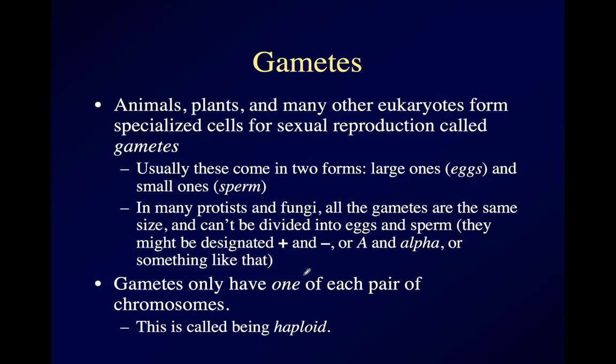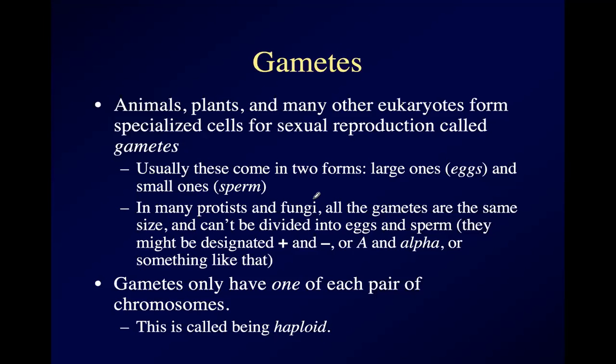But in animals and plants, gametes come in two forms, big and small. The big gametes are called eggs, and the small gametes are called sperm. The only important difference for our purposes is that eggs are bigger. Sperm are smaller.